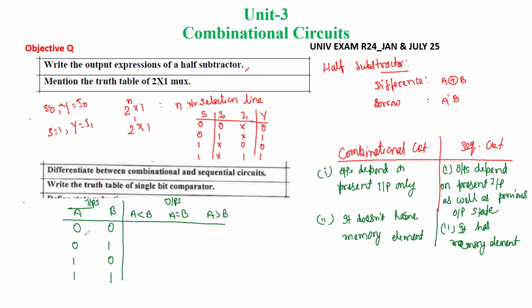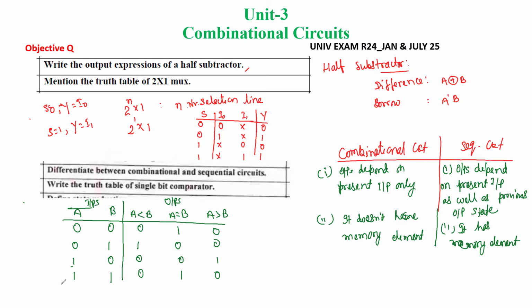In the first combination, both are 0, so A is equal to B, and the other two conditions are not satisfied, so we write 0. For 0, 1, B is greater, so A is smaller than B, and here we write 1; the remaining are 0. Next, A is 1 and B is 0, so A is greater than B. This condition is satisfied; the remaining are 0. Next, both are 1, so A is equal to B. The remaining are 0.